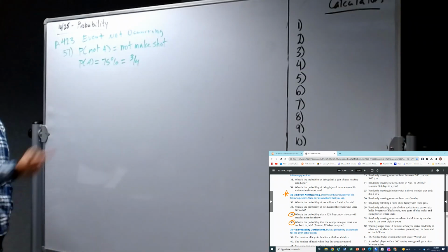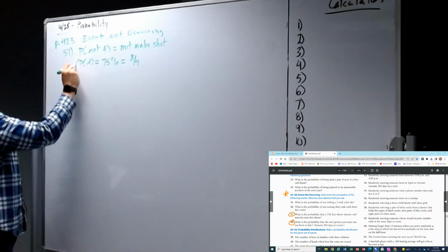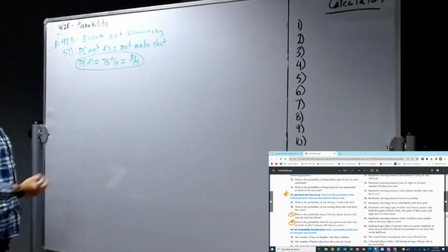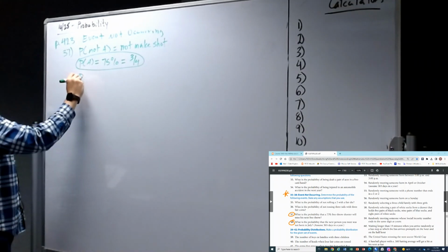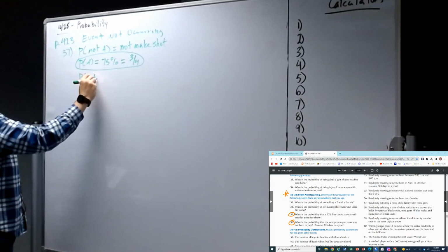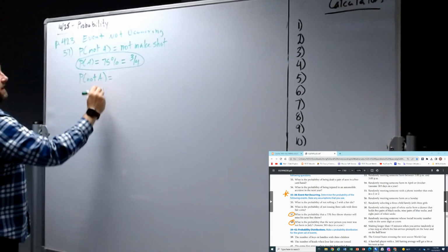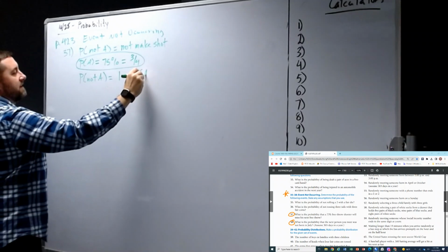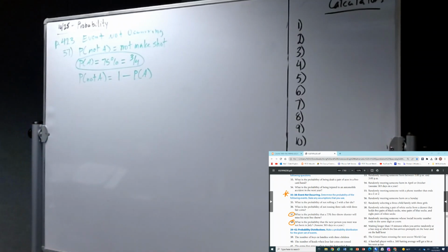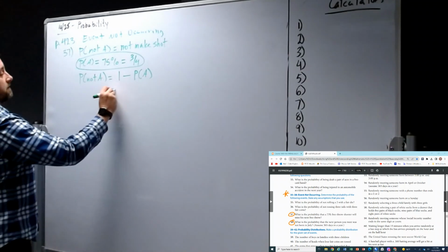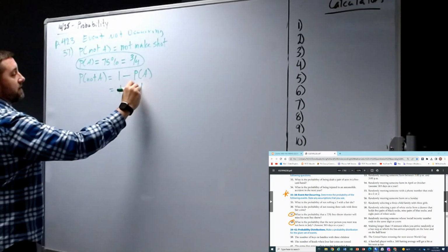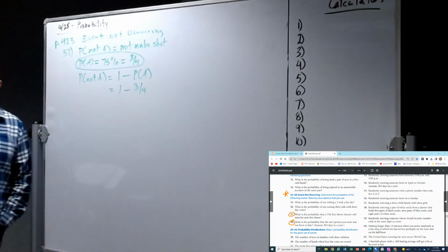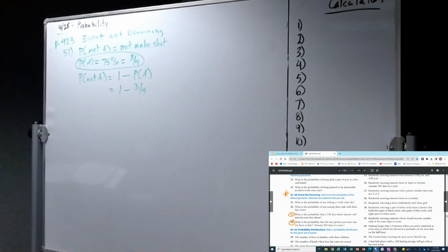Okay, so now that we know this, because we have to have that for the formula, right? Because the formula says that the probability of not getting event A is 1 minus the probability of A, right? So we got 1 minus 3/4. If you used 0.75, it'll still work out just fine.